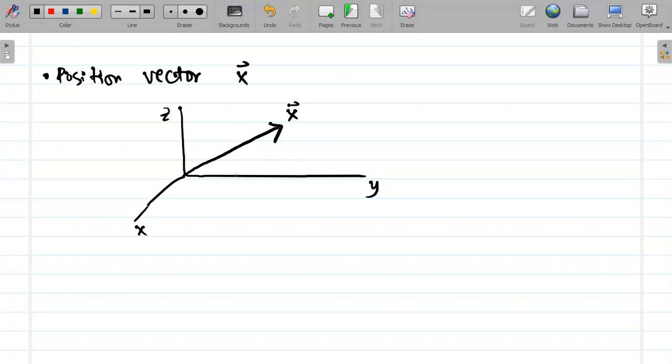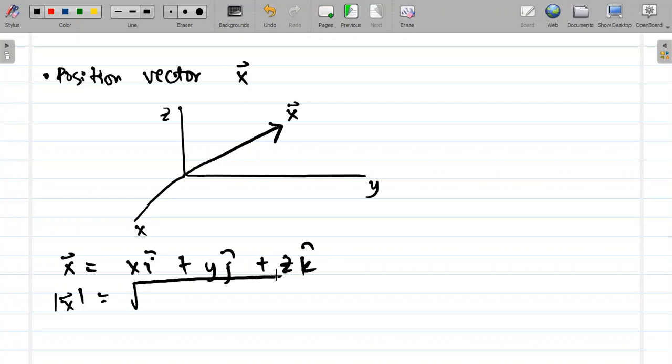So meron siyang value. So ang ating vector x will be xi hat plus yj hat plus zk hat. Yun yung value ng ating position vector. Now, ano naman ang kanyang magnitude? Magnitude ng x, that is square root of x squared plus y squared plus z squared. Yun yung magnitude niya.